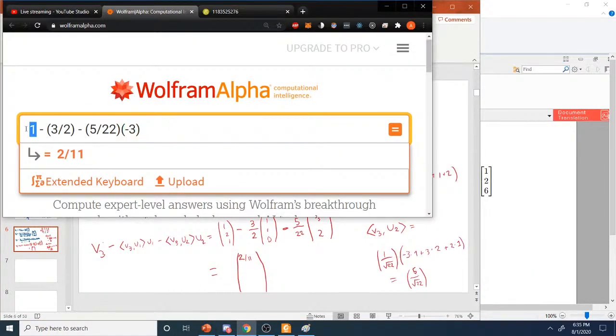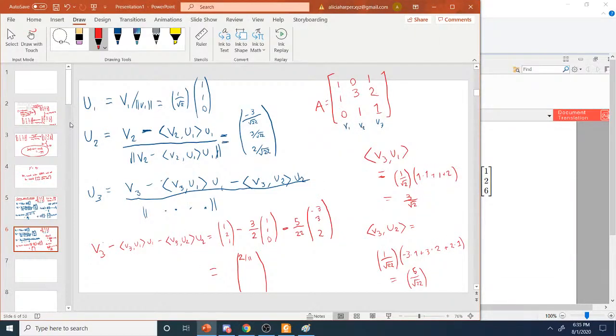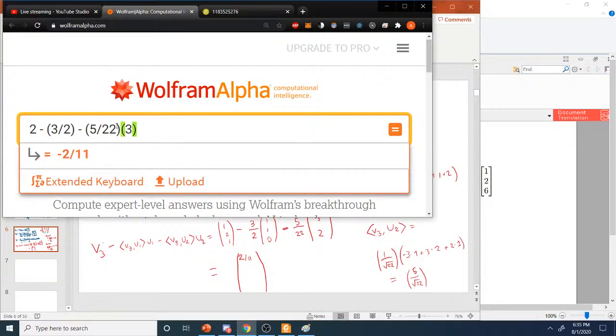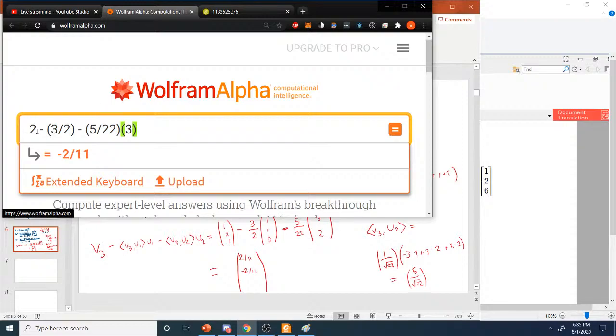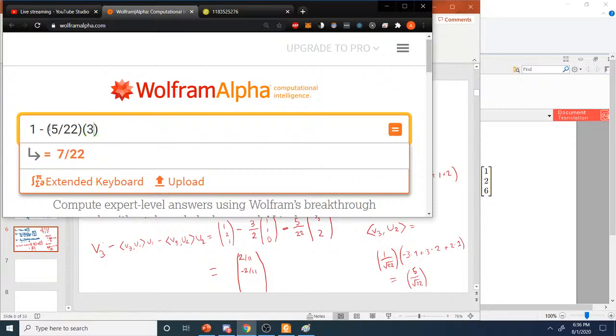For our second component, we have 2 minus 3 over 2, and then minus 5 over 22 times 3. So we get negative 2 over 11. And then finally, we're going to have 1, and there's not going to be a second term here, so it's just minus this times 2, which gives us 6 over 11.